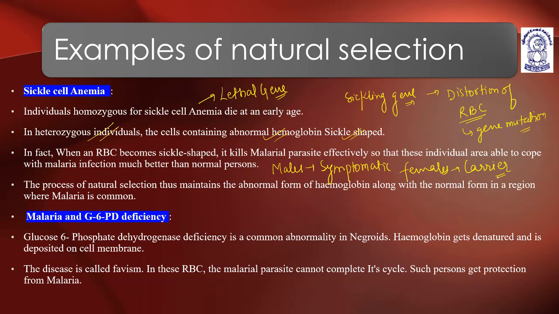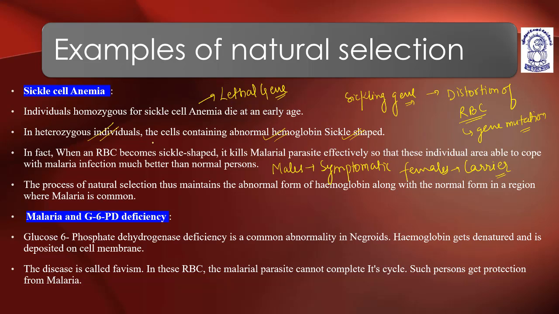If they have the HbS or the sickle cell trait, the females have the sickle cell trait, but the males have only one X chromosome, and that is why if that X chromosome has the sickle cell gene, then it becomes symptomatic. The sickling of RBC reduces the oxygen tension, and as the oxygen carrying capacity reduces, at high altitude regions they are going to suffer, and that is why the males become symptomatic.